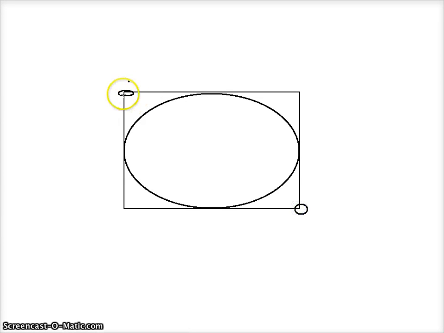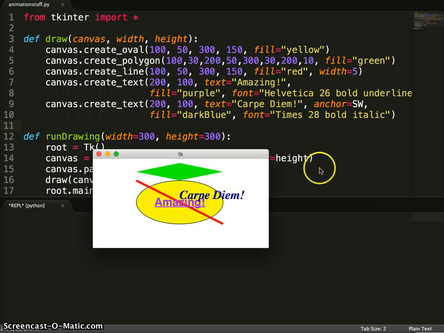So if you say this is x1, y1, and this is x2, y2, it'll draw this oval inside of it. If we look back at this code, I've specified 100 and then 50, like around right here, and then 300 and 150. So we use these bounding boxes to essentially draw this oval.